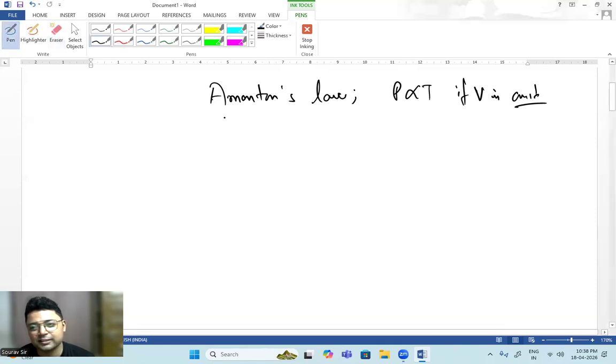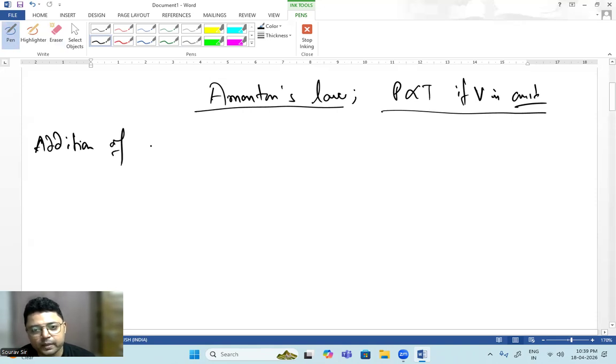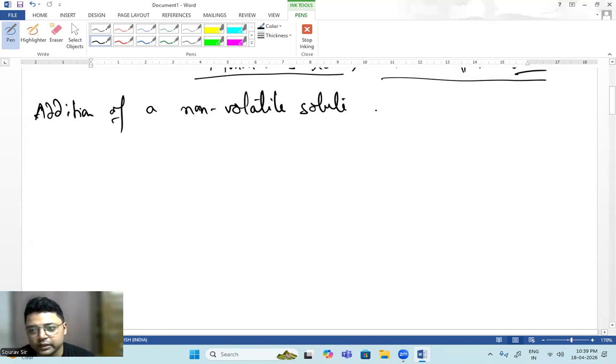Now, addition of a non-volatile solute in a solvent.